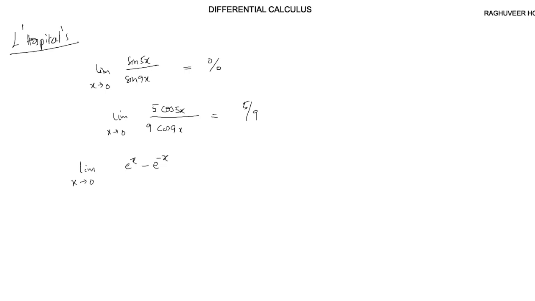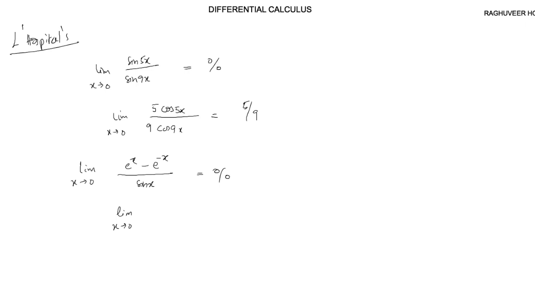So let us look at another problem. Limit x tends to 0, e to the power of x minus e to the power of minus x divided by sine x. Again, by substituting x as 0, we get 0 by 0, which is an indeterminate form.